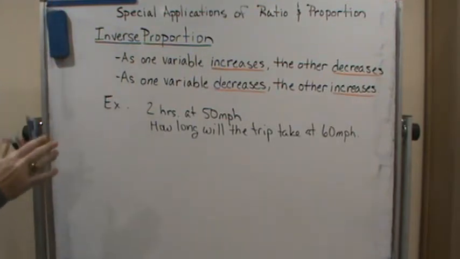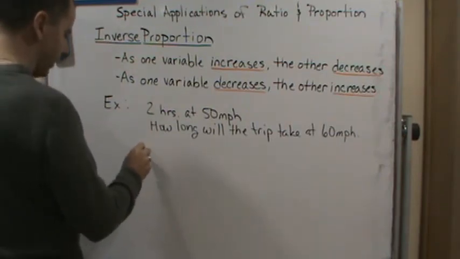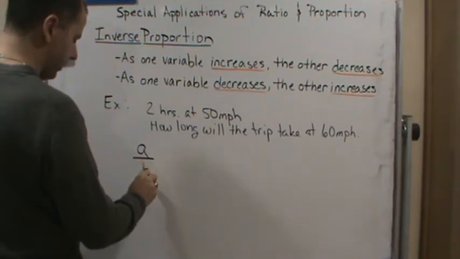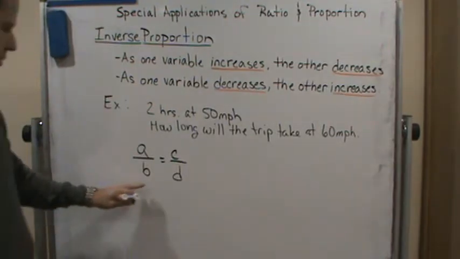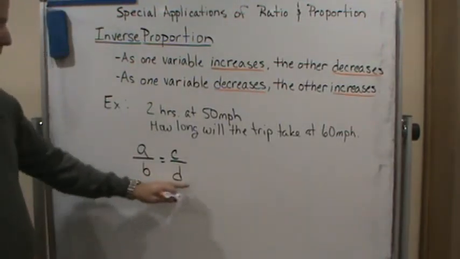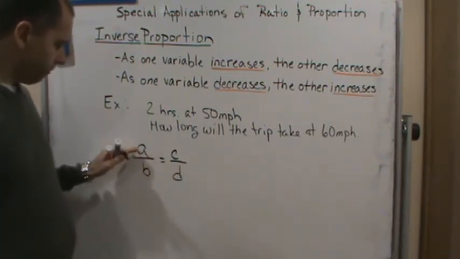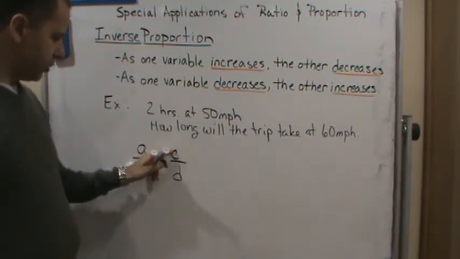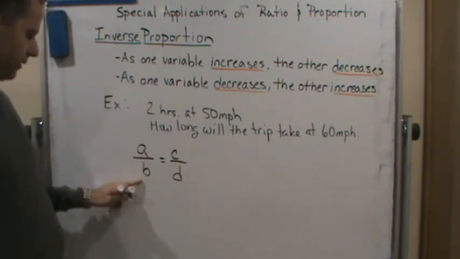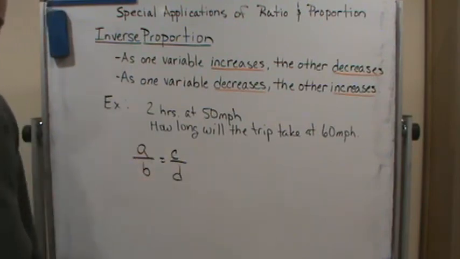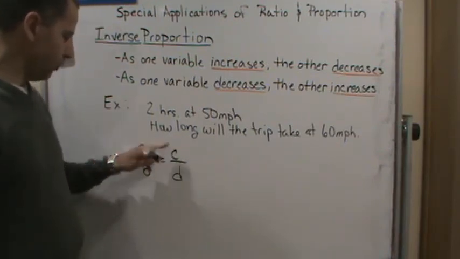So here's how you set up a proportion when you're dealing with an inverse relationship. Again, I'm going to look at A over B equals C over D. For these two fractions to be the same, as A increases, so does C. As B increases, so does D. As I said in the last video, I want my two variables with the unknown to be on the same side.